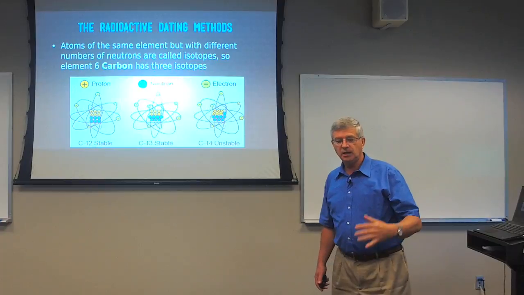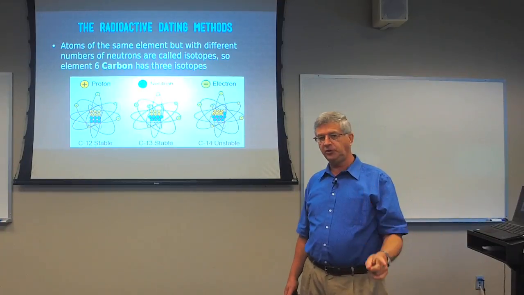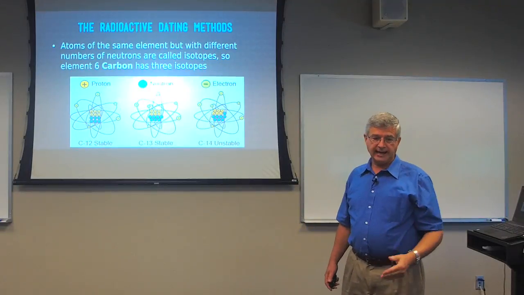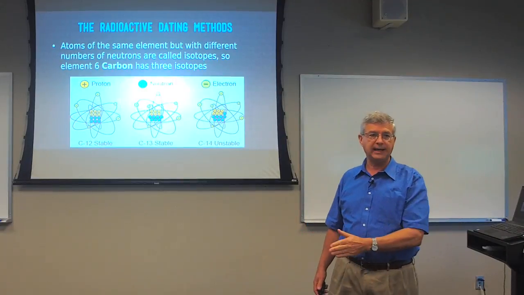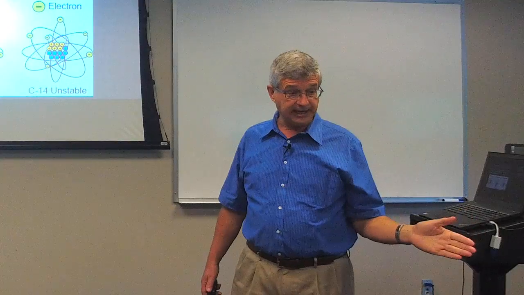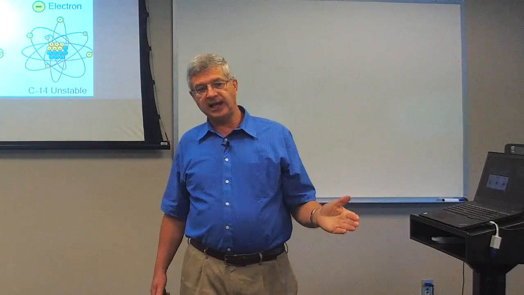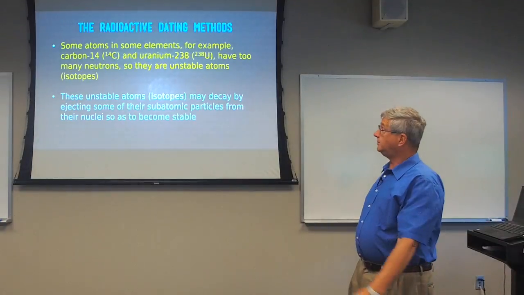The 14 refers to the atomic weight, as we said before, which is the neutrons plus protons, and we call these isotopes of carbon. And so sometimes you'll hear people refer to it as radioisotope dating, which of course is short for radioactive isotopes. Radiocarbon is an example, where the radiocarbon is unstable because of the difficulty of holding everything together in the nucleus, and so it decays to nitrogen-14.